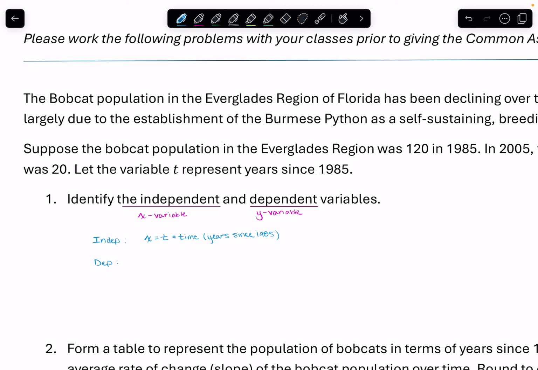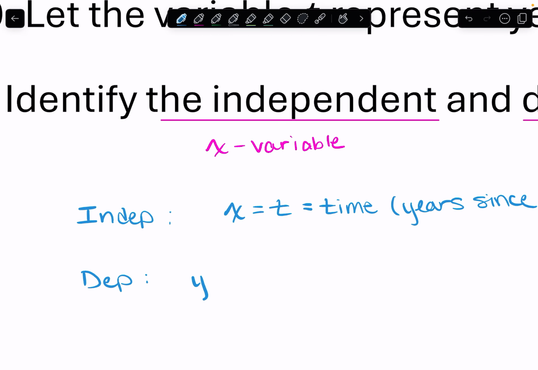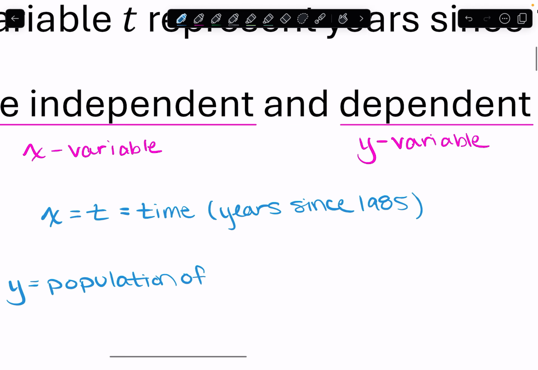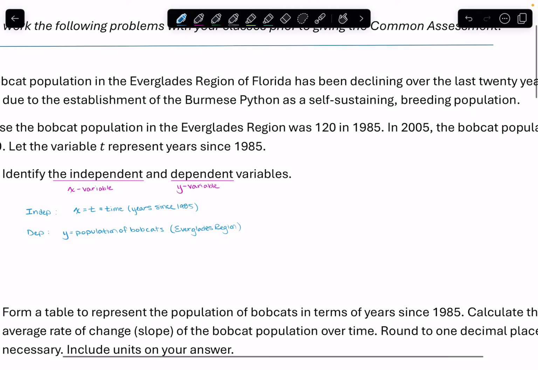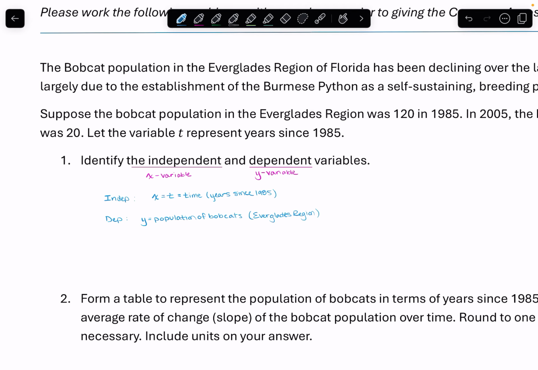So I'm just going to put y equals the population of bobcats. And it is technically in the Everglades, so I'm just going to put Everglades region, because this is not nationwide or statewide or anything. All right, and that's it.